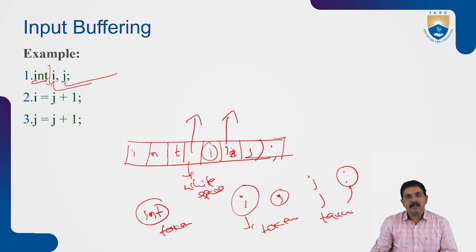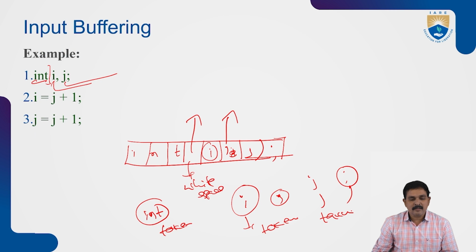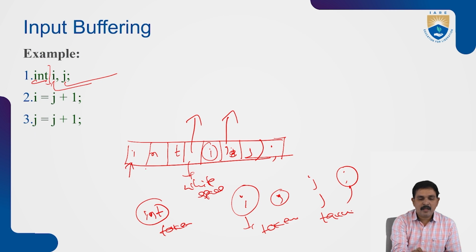In input buffering, we keep the source language statement in some part of the memory. Of the two pointers from the previous slide, the begin pointer is initially at the start, and we move the look ahead pointer position by position.